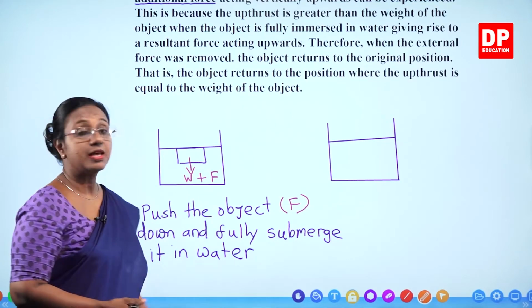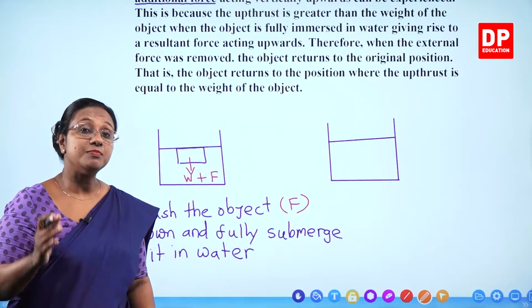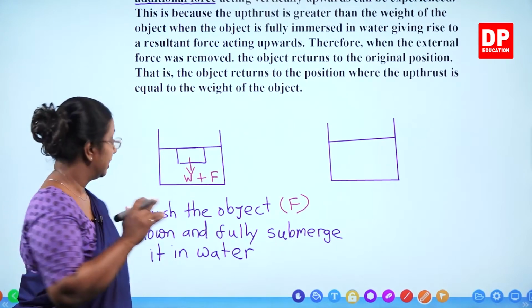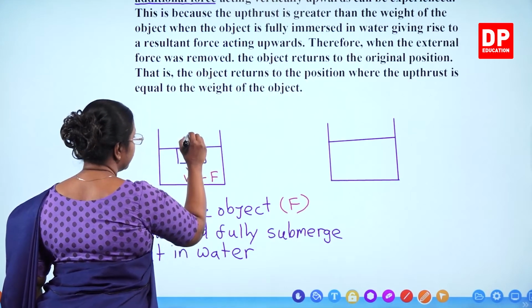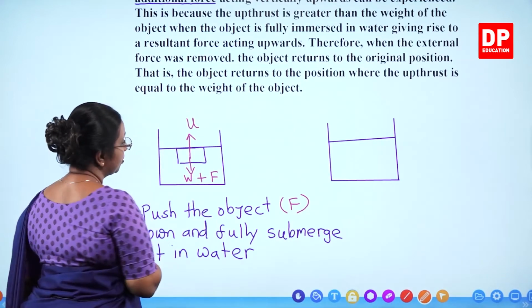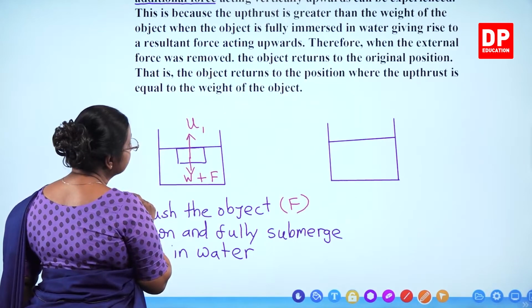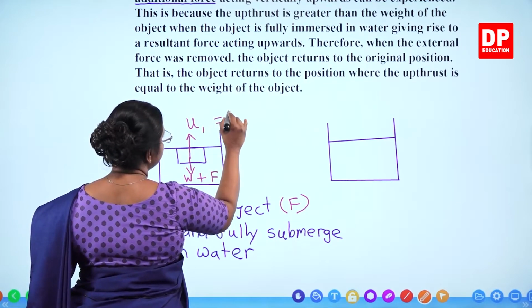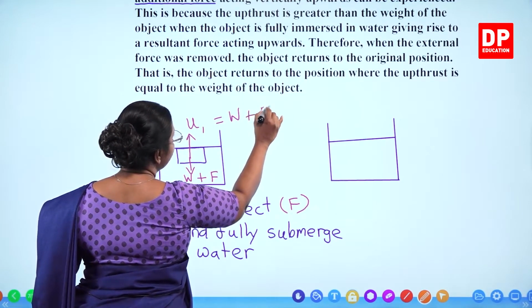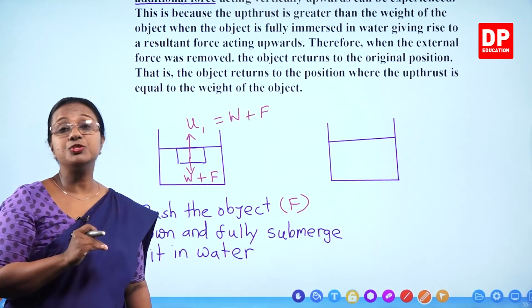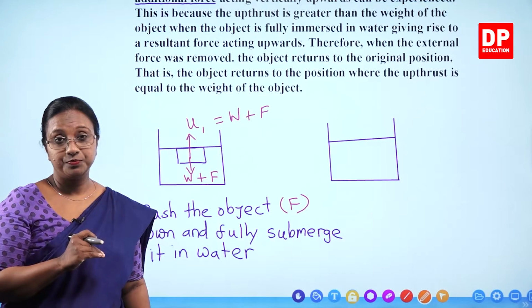So weight plus force. At the same time there is an upward thrust. What is that? That is the upthrust. So here upthrust is also active. I will say U1. So in this instance, U1 is equal to W plus F. Weight plus the force with which we are pushing the object down.